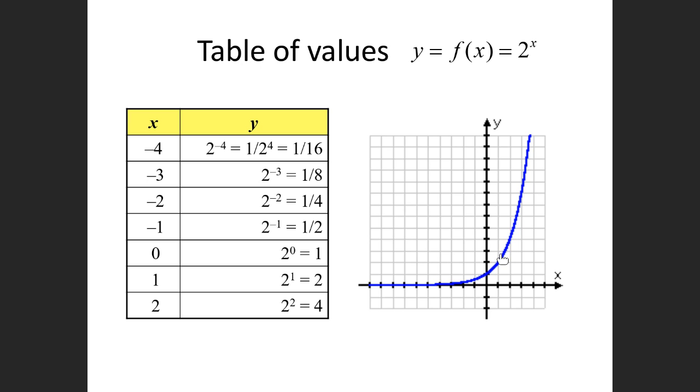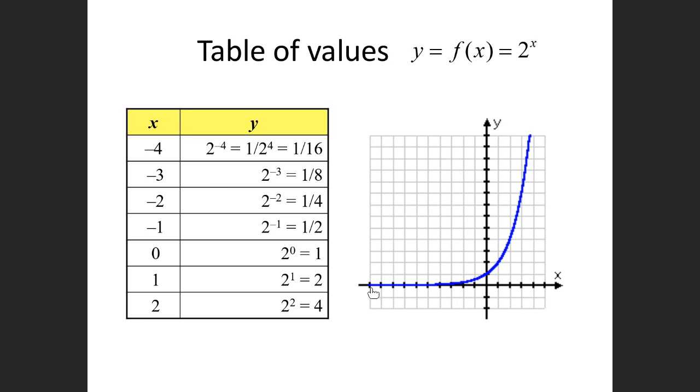Now, I want to show you how it's clear that our domain is all real numbers. Even though this is a graph from a calculator, our graph goes forever to the left and forever to the right. In interval notation, the domain goes from -infinity to +infinity.